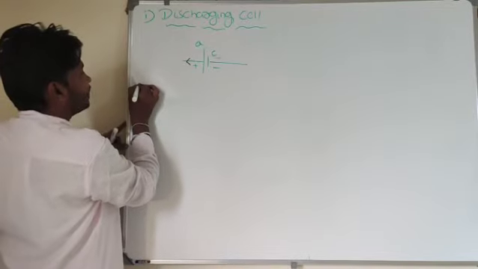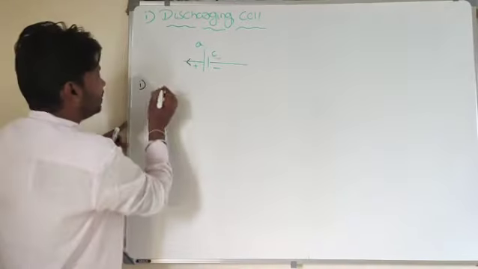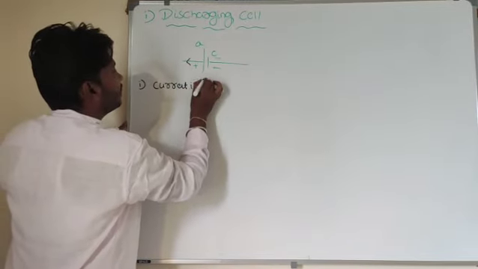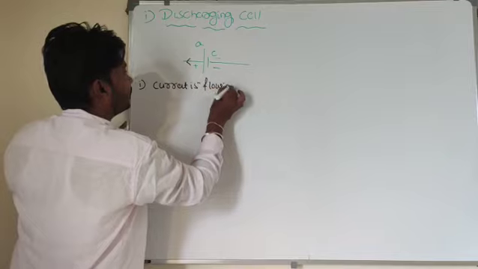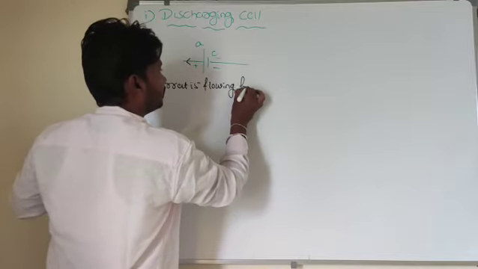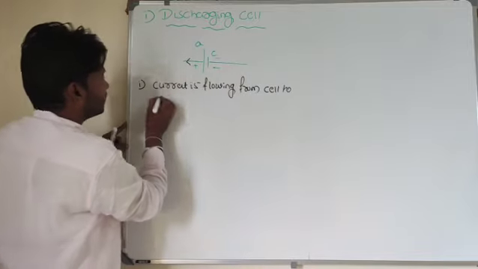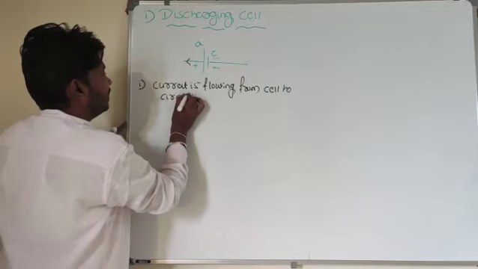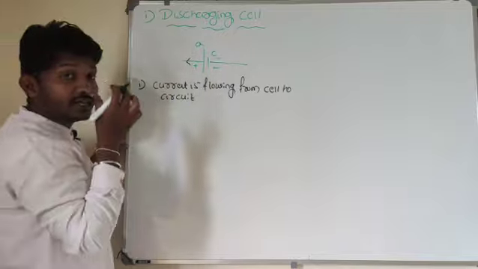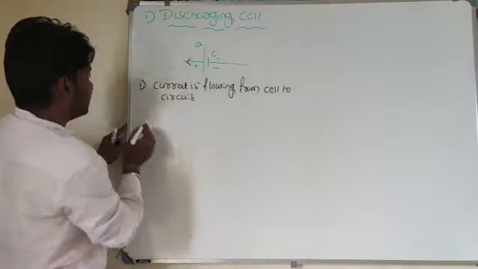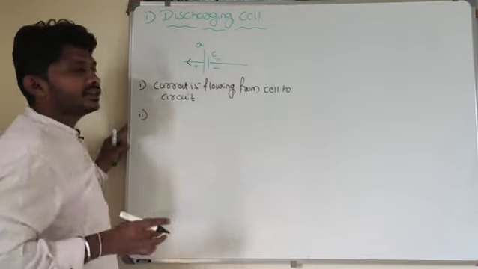In the case of a discharging cell, what is the first thing I need to understand? Current is flowing from the cell to the circuit. So current flowing from the cell to the circuit is nothing but a discharging cell.